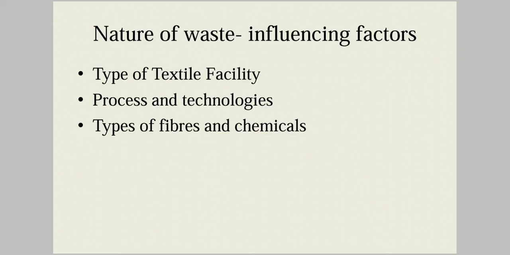Based on that, the nature of the waste which you obtain varies, and the process adopted varies with each fiber chosen, and the technologies adopted also vary with the fiber chosen, so it also depends on the textile facility. And next is types of fibers and chemicals. All these contribute to the effluent which comes out from an industry and its nature.